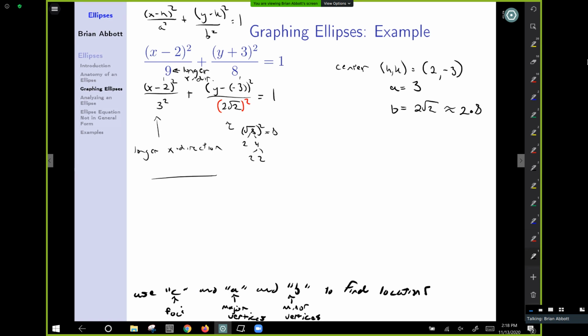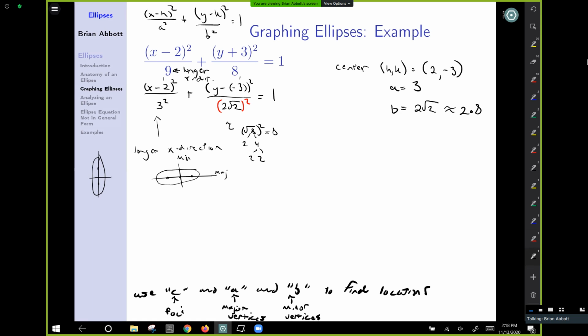So our ellipse looks something like this. Has a center and some foci, and these are not the x and the y axis. These are the major and the minor axis for this ellipse, respectively. If we had the case where the y was bigger, we would know that it's longer in the y direction, and our ellipse would look something like that with the foci there and have a shorter horizontal axis.